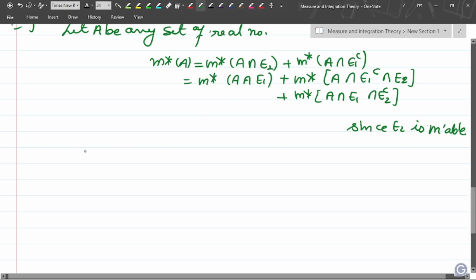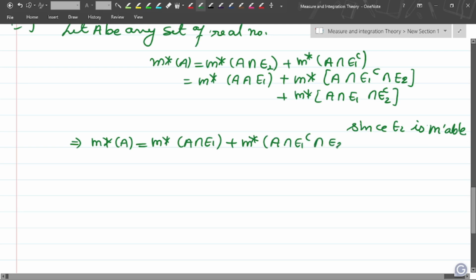Okay, then it implies that the outer measure of A is equal to the outer measure of A intersection E1 plus the outer measure of A intersection E1 complement intersection E2 plus the outer measure of A intersection E1.